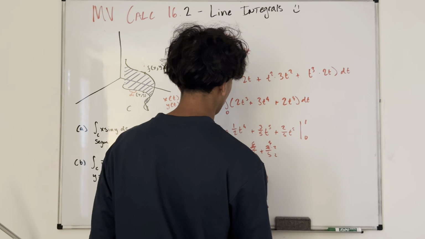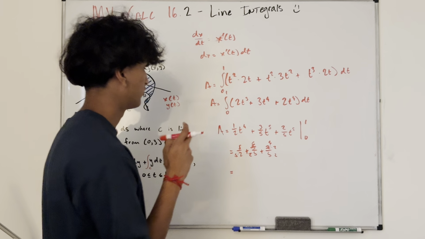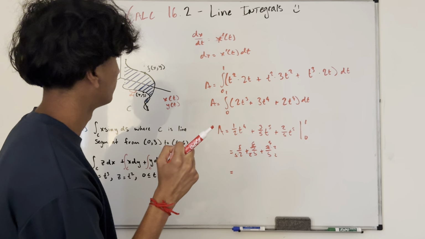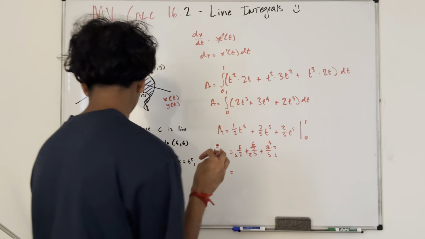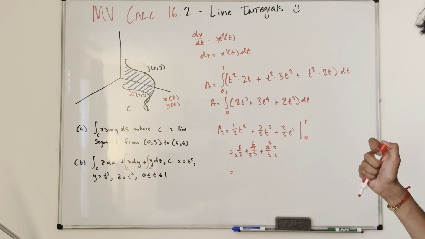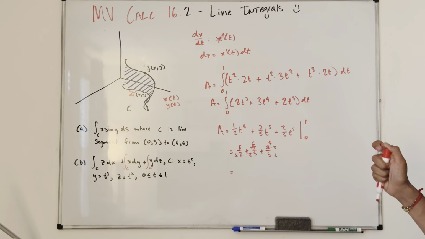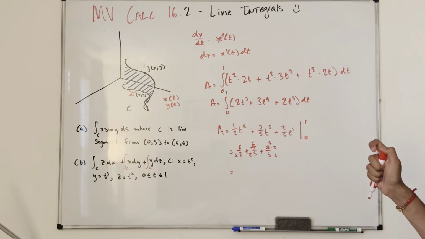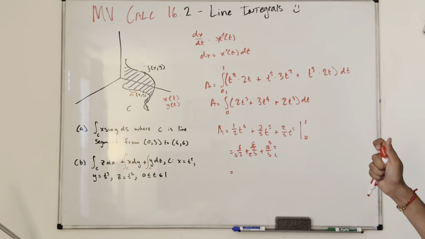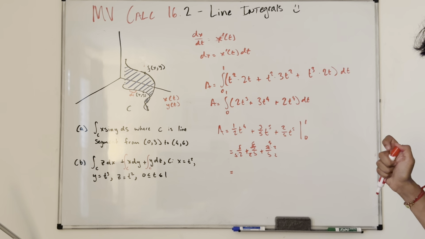So this would be, no, this is not, wait, what? It shouldn't be 1. Hold up, did I do something wrong? Where did I mess up? Is it 1?